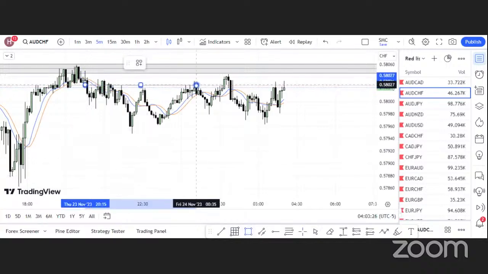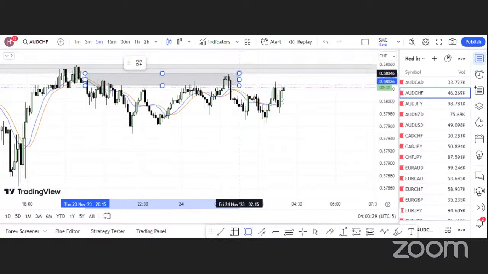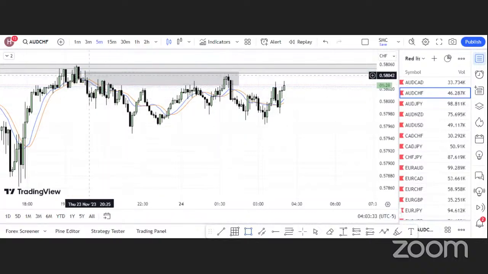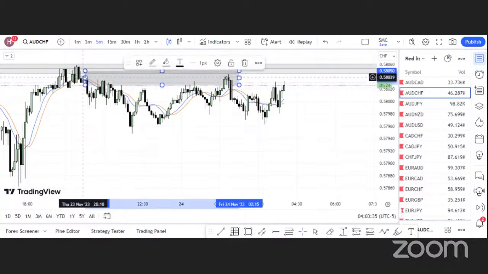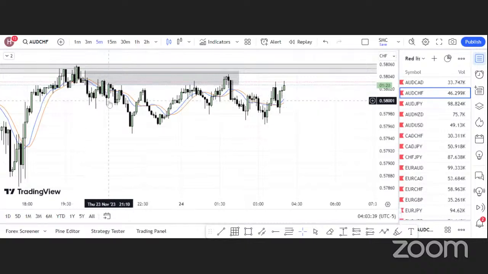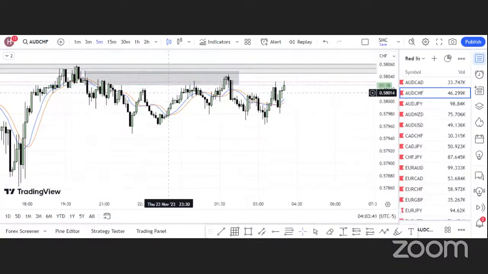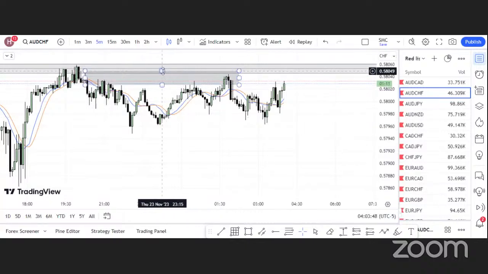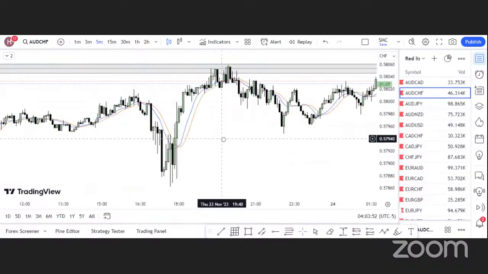So let me quickly analyze this. We have this area where the market has moved past before. Let me delete this.